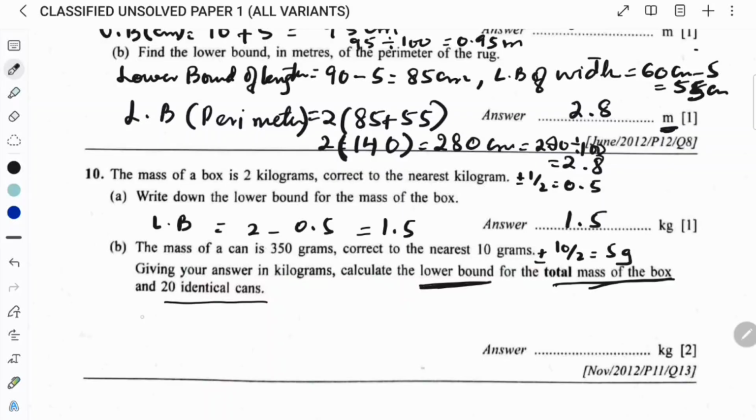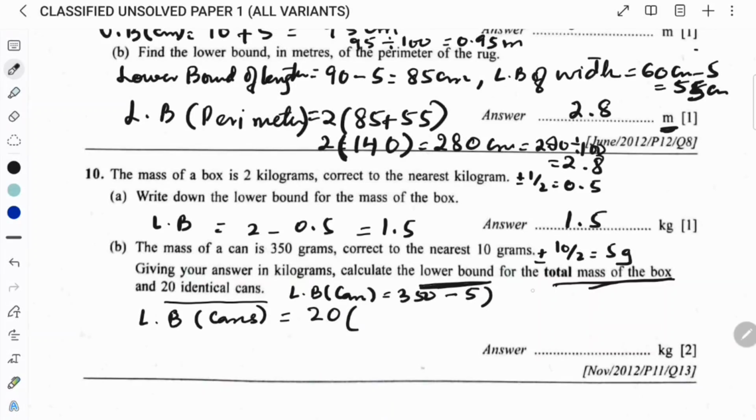The lower bound of the cans is 20 times the lower bound of 350 grams. So the lower bound of a can is 350 minus 5.